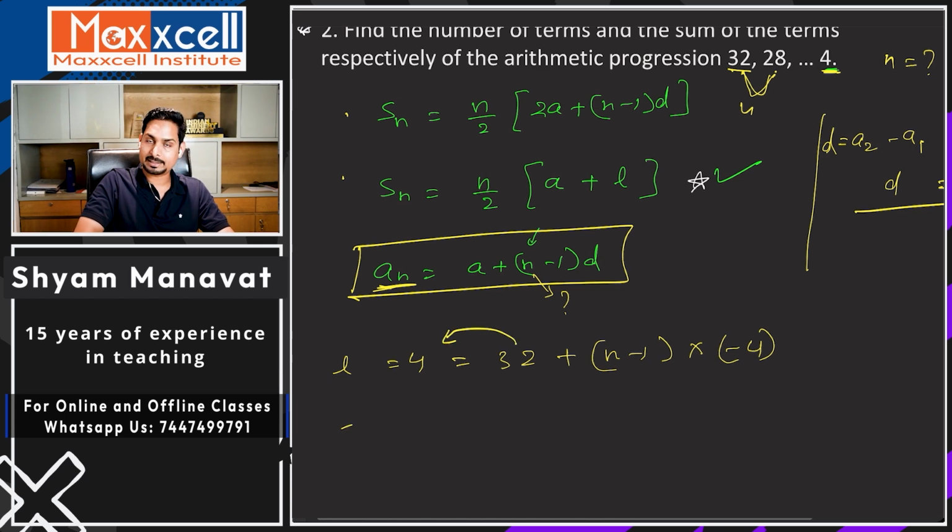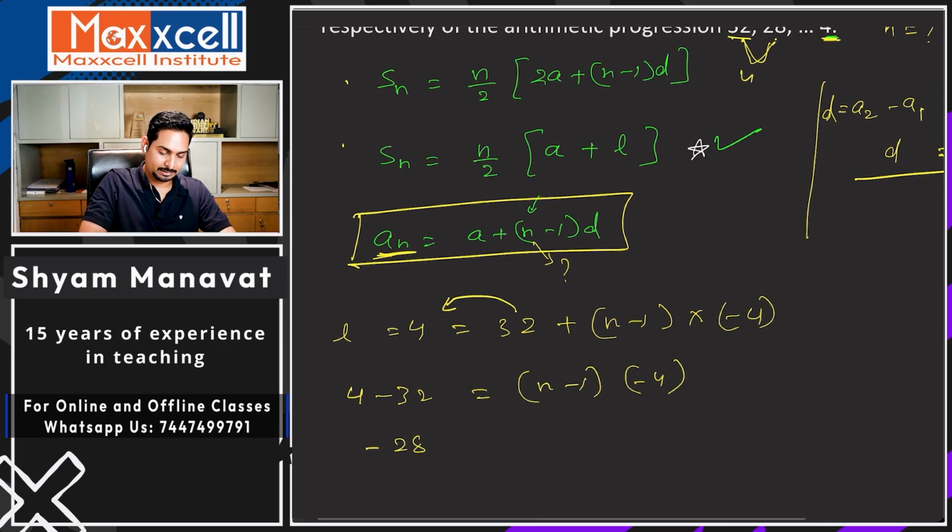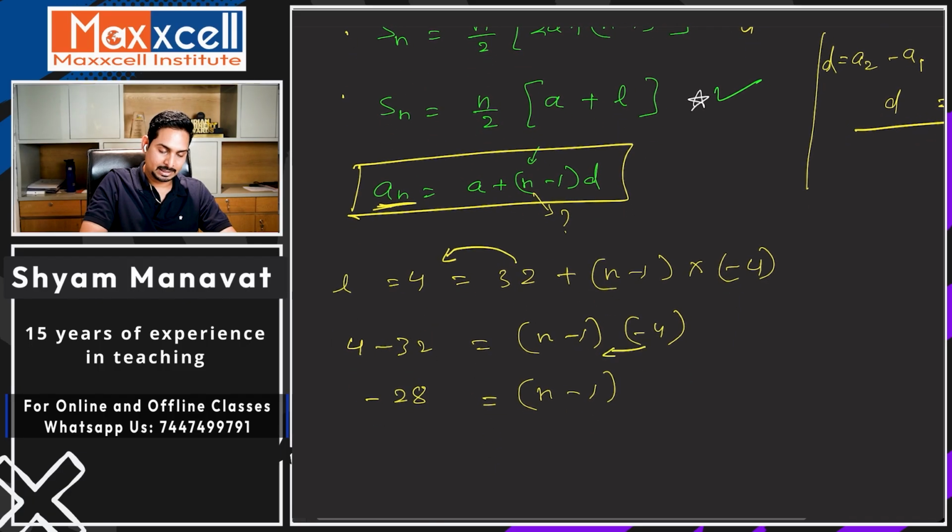तो 32 को लेके जाते हैं right left hand side पे. So I got 4 minus 32 equal to n minus 1 into -4. This becomes -28. This is n minus 1. Now -4 I'll take towards left hand side. ये कितना हो गया? -4.